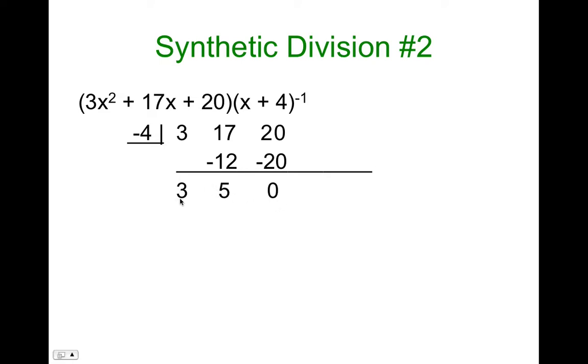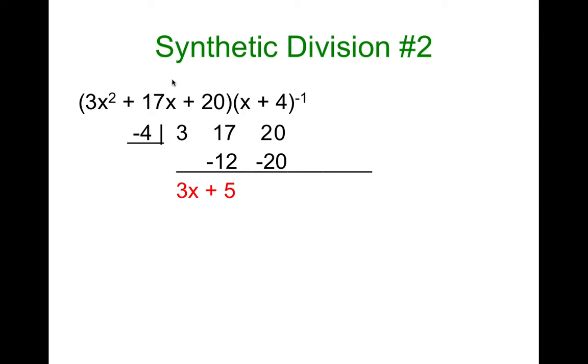Again, to show how this is written in terms of a polynomial, we take our 3x squared, we divide by x, and we would be left with an x term. So that gives us a 3x. Then we just go in descending order, which becomes a 3x plus 5.